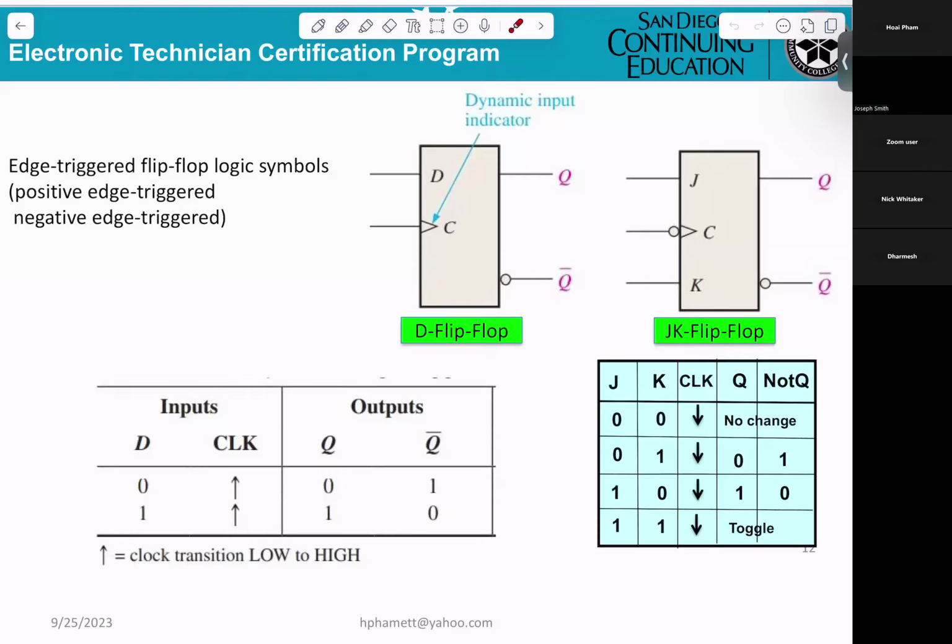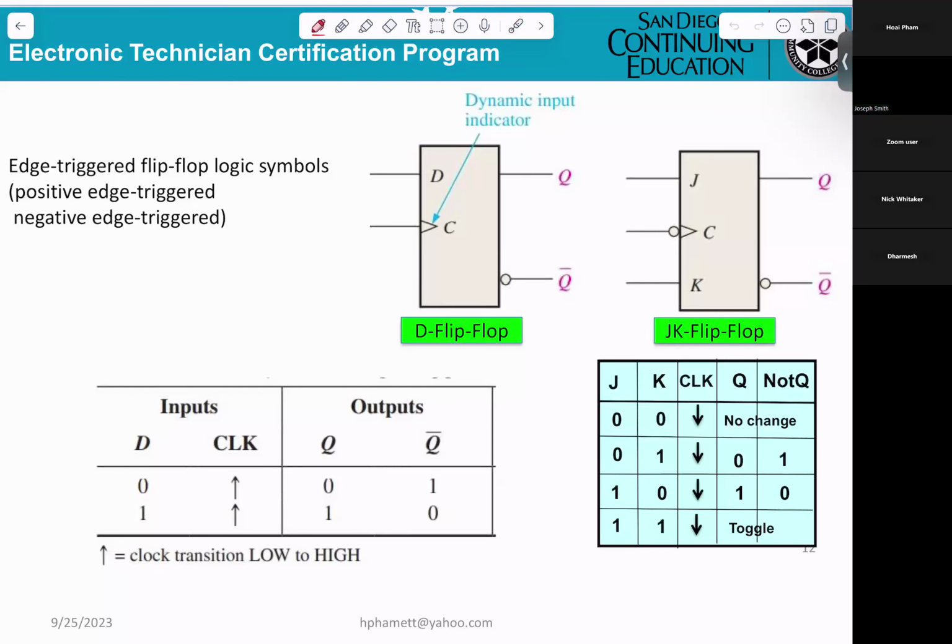Now, for the D flip-flop, they're using the clock going from 0 to 1.